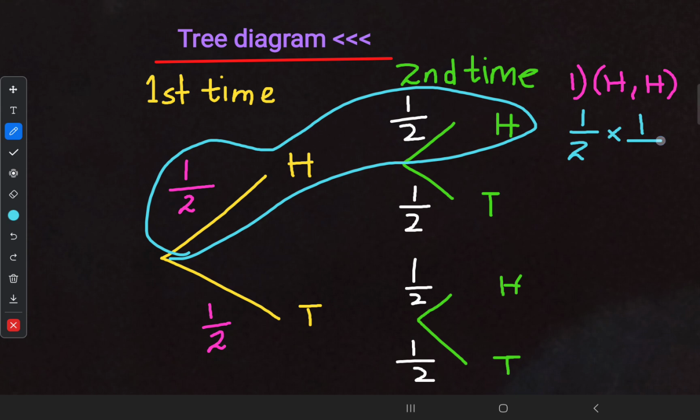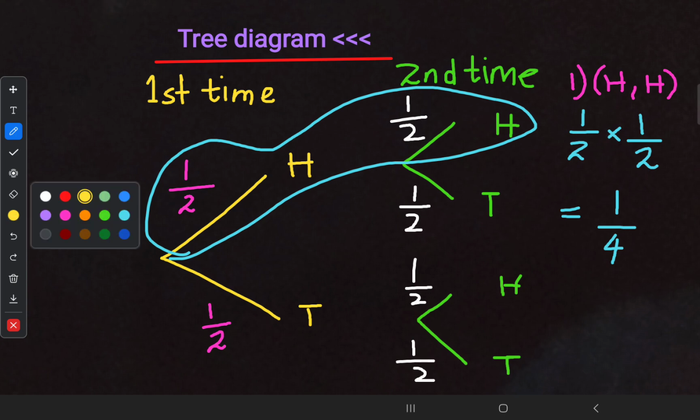So half into half. So finally 1 ones are 1, 2 twos are 4. This is the probability of getting head in both cases. Okay, this is the probability according to our requirement.